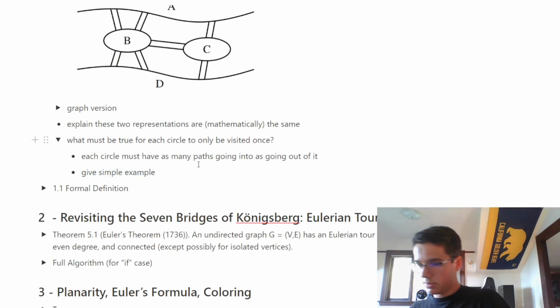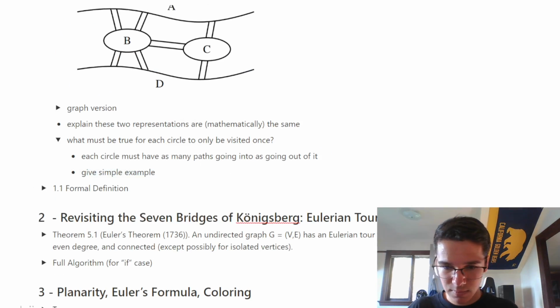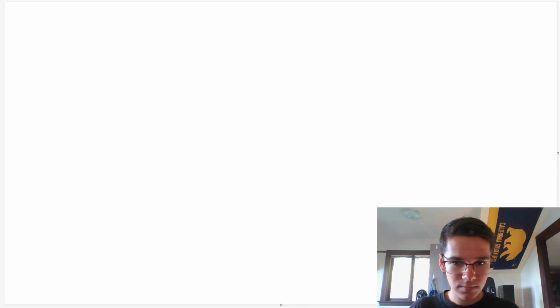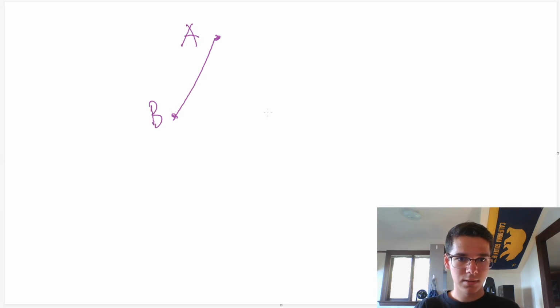I can really quickly just illustrate this in Paint, and let's switch over. So let's say we have 3 lands, A, B, and C. As we can see, each land has as many paths going in as going out.